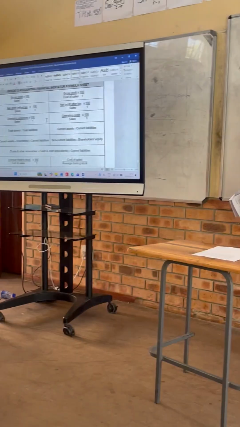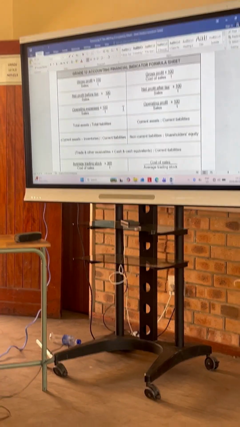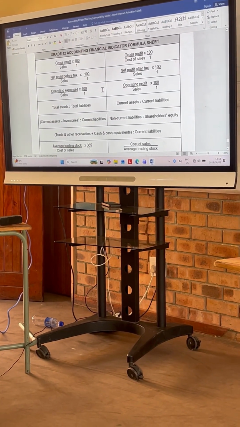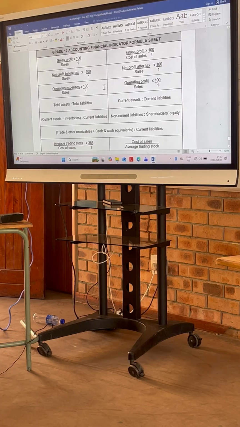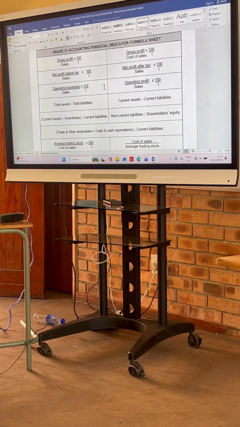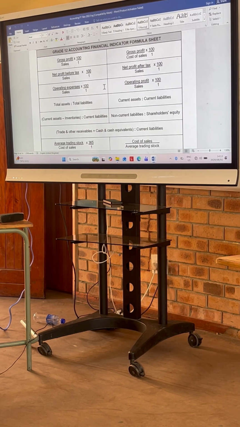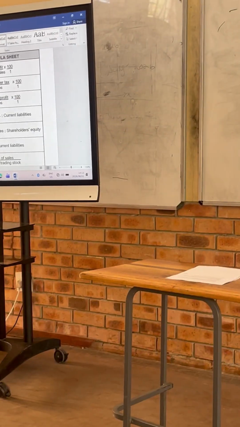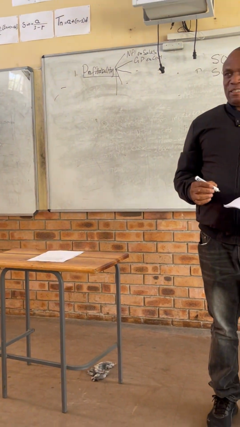Net profit on sales. Gross profit on cost of sales. Markup. All these indicators here, we want to see, did we make profit or not?